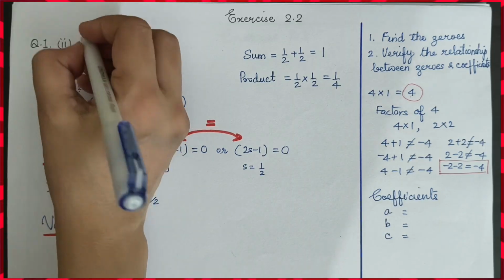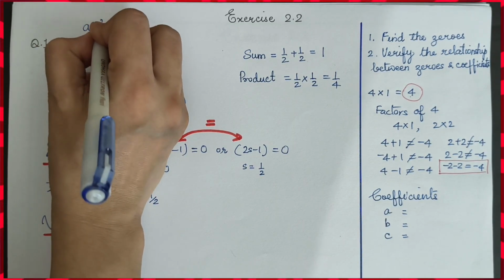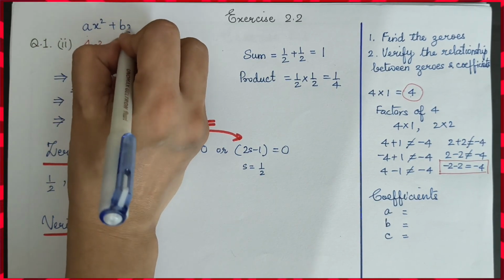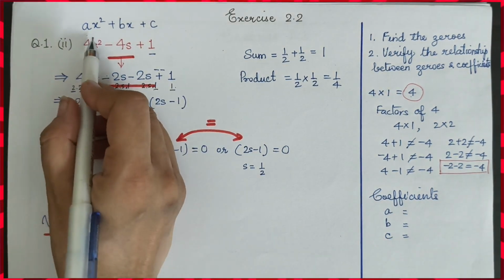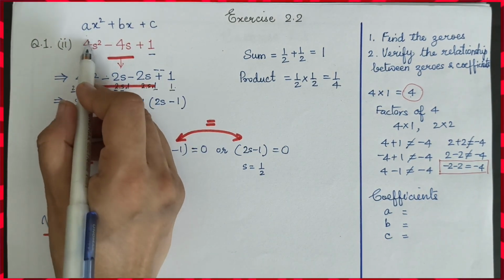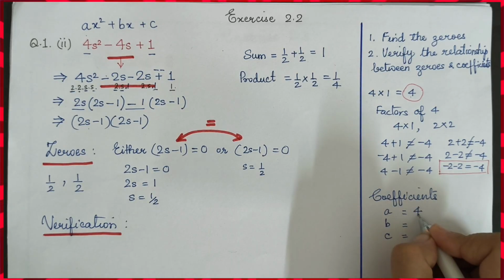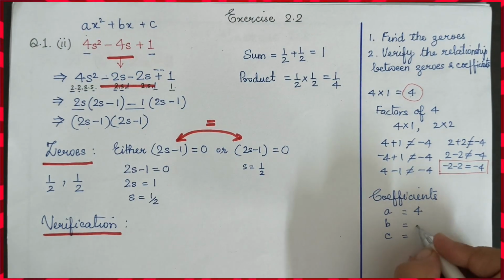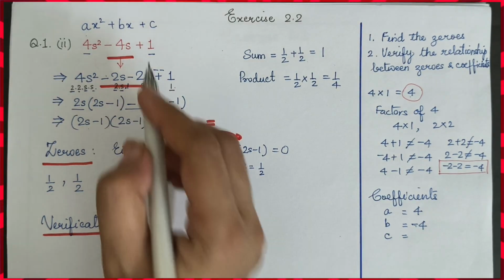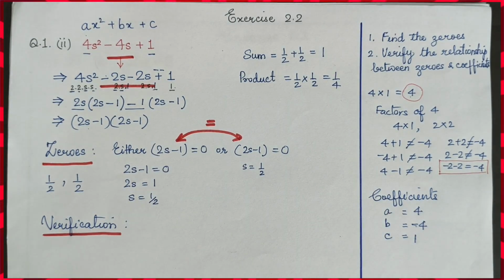The standard form of a quadratic polynomial is ax square plus bx plus c. So a is 4, excluding the square variable. Then b is, along with the sign, and always remember to include the sign, minus 4, and c is 1.